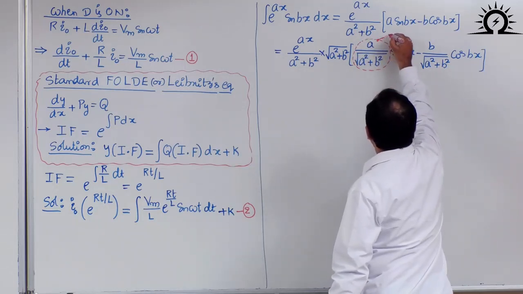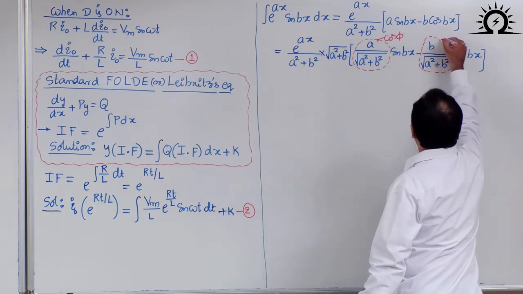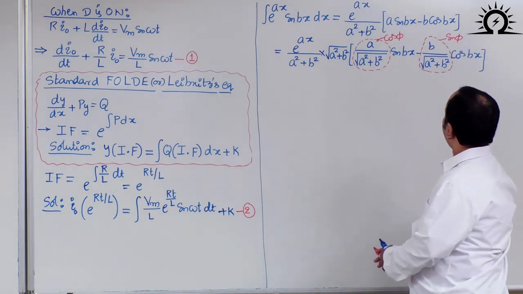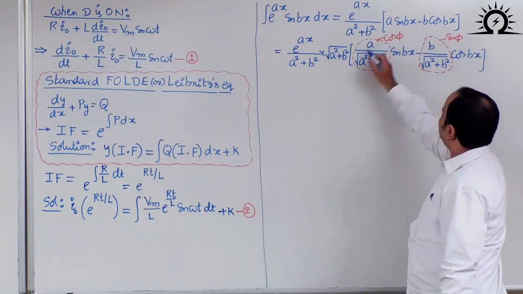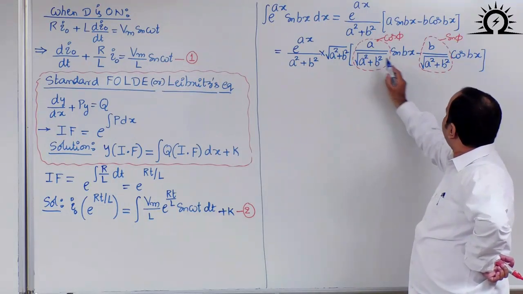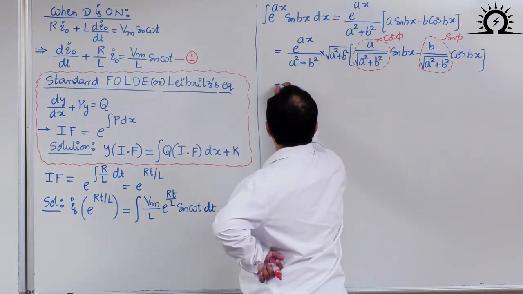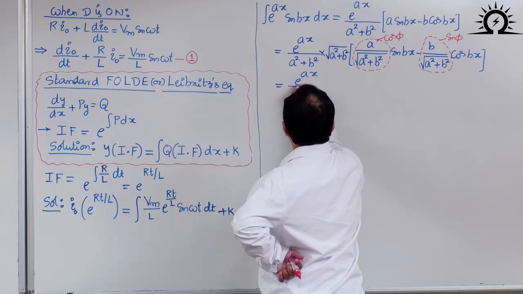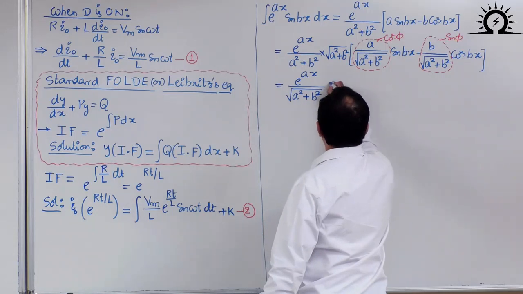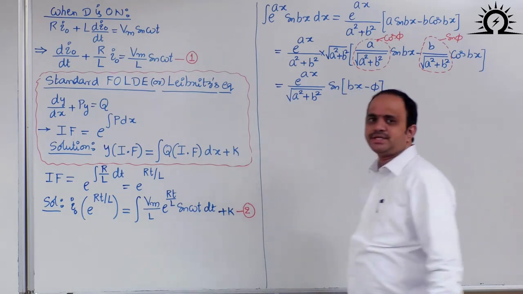This particular term I can call cos phi, and this particular term I would like to call sin phi. Now you can simplify the value inside the bracket as sin A cos B minus cos A sin B. Further simplification gives e power ax divided by root of a square plus b square, multiplied with sin of bx minus phi.